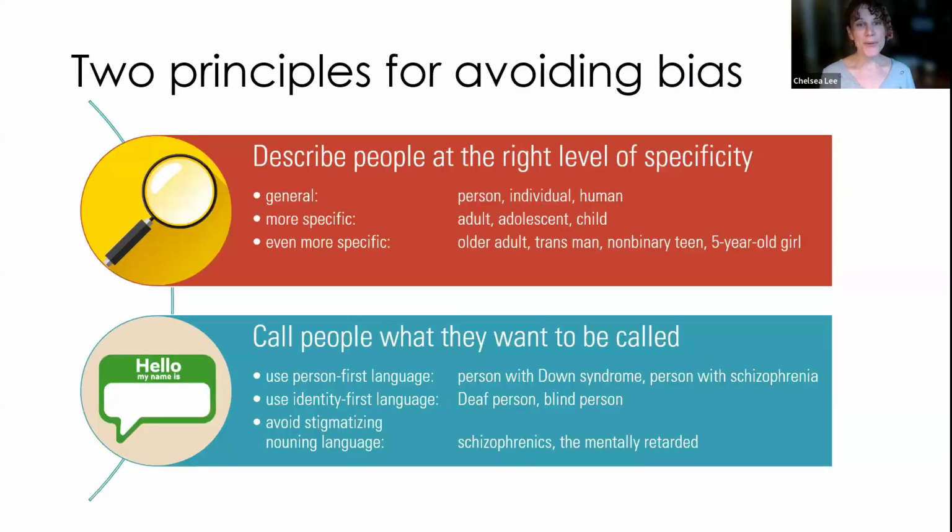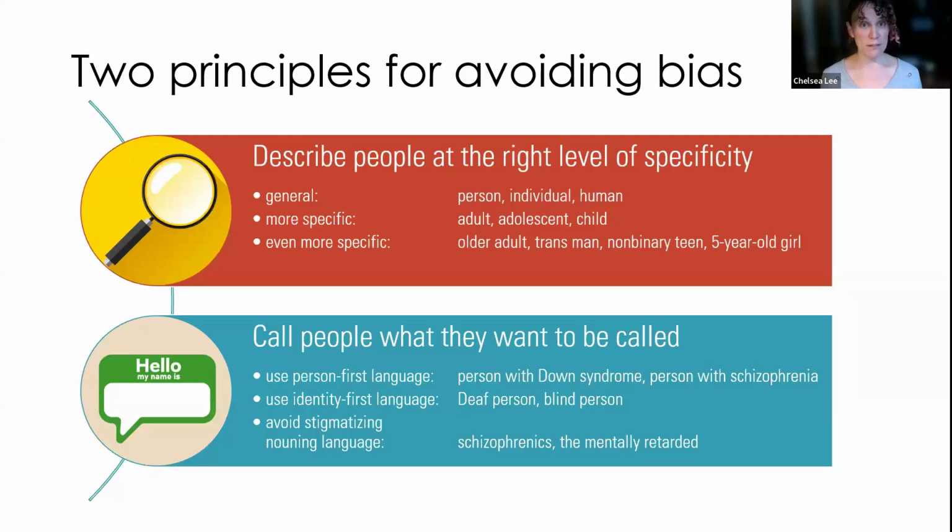Great. So on the previous one, I talked about 2 general principles for inclusive language, and these are what they are. The 2 principles are, first, to describe people at the right level of specificity. So if you're going to be picking a general term, a very general term would be person or individual or human, a word like that.